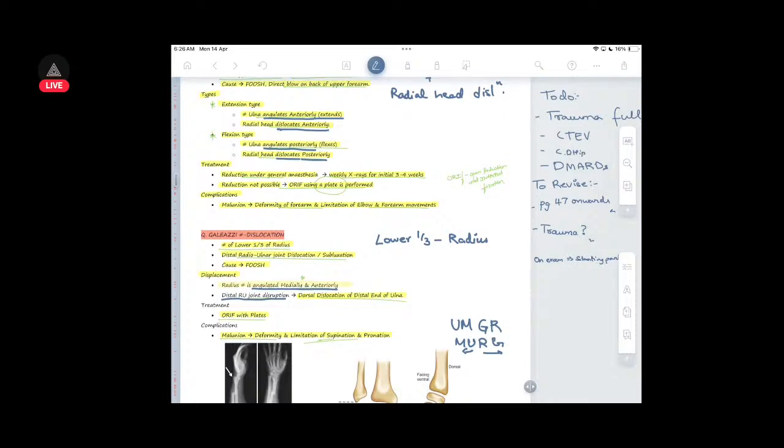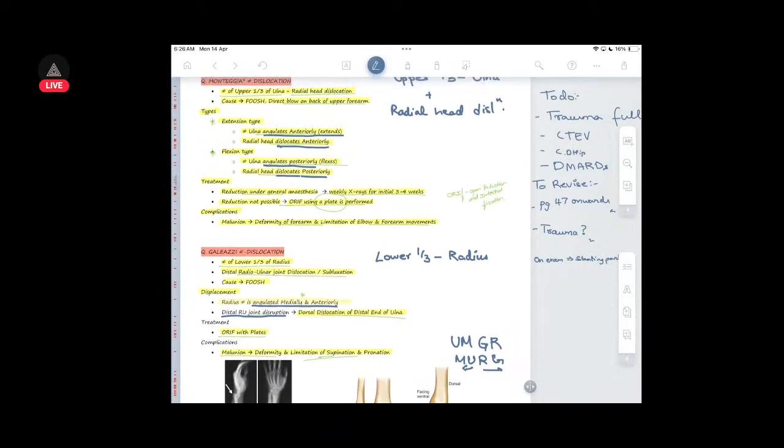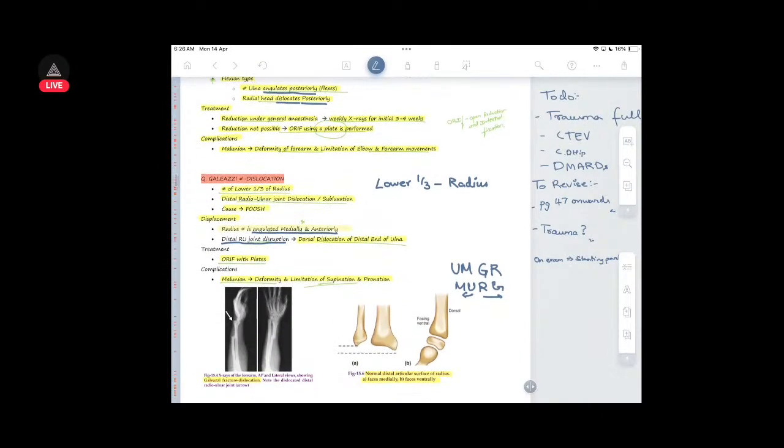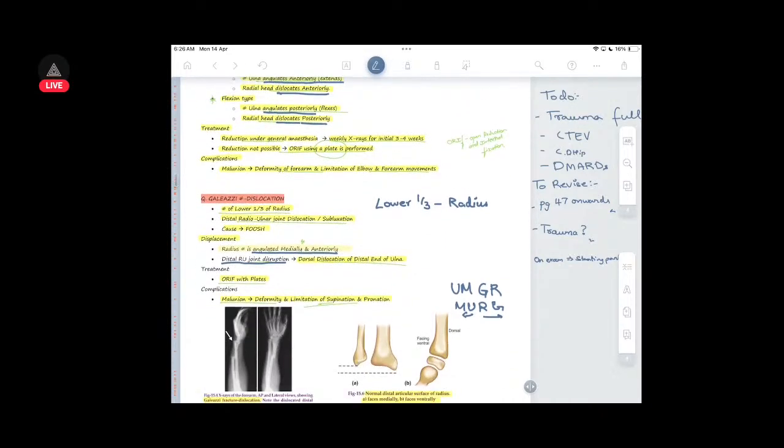Radius is Galeazzi. Here it is upper ulna. It's always UULR: upper ulna, lower radius, and it is third.